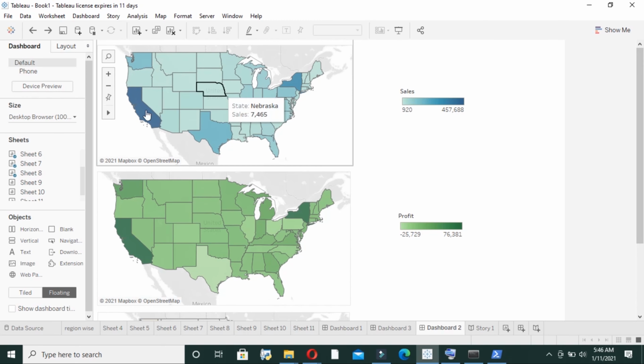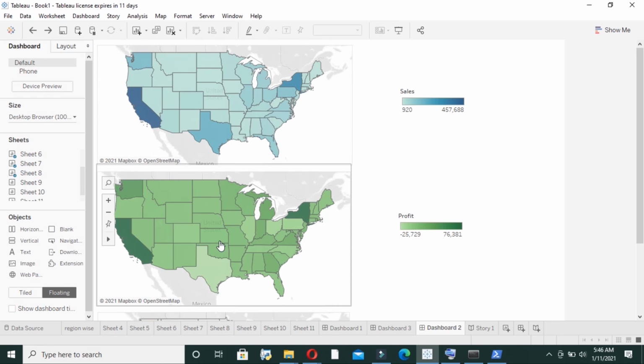Here you can see most sales happened in California, after that in New York, after that in Texas, then Washington, then Florida, Pennsylvania, and Illinois. These regions also had good sales.